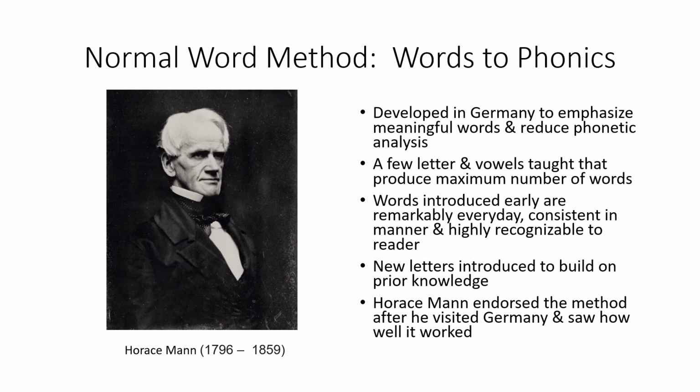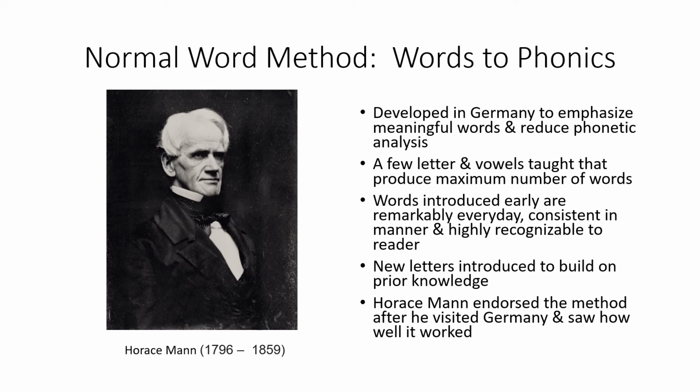It was developed in Germany, and it emphasized meaningful words over the sound symbol associations, but it also involved phonemic analysis and a controlled approach to instruction. So, for example, a handful of consonants and vowels were taught. And the ones that were taught in the first lesson were designed to produce the maximum number of words.